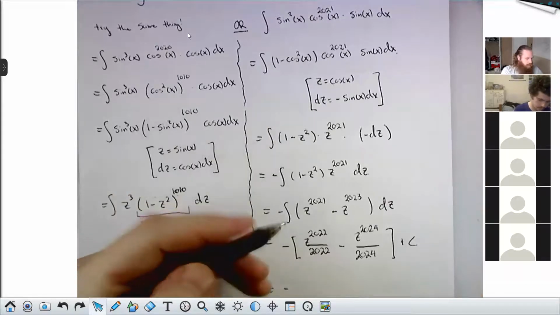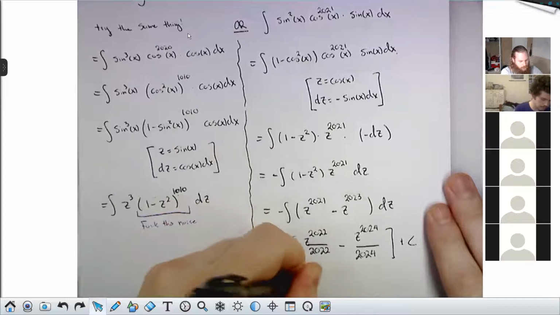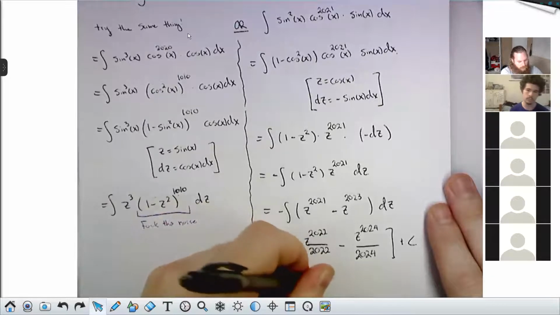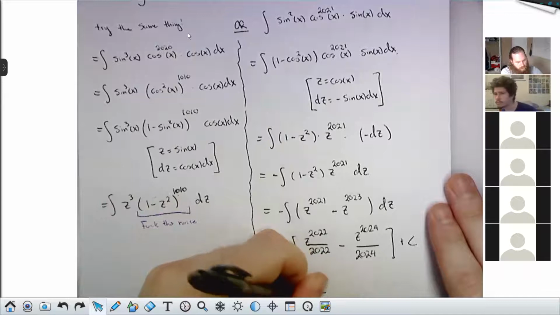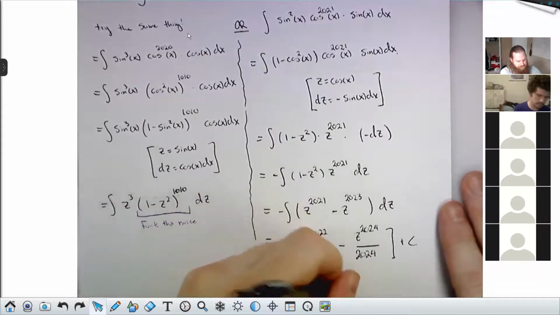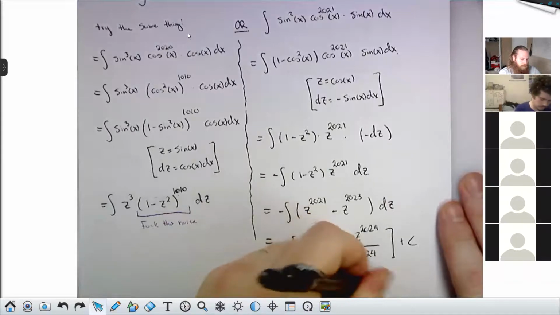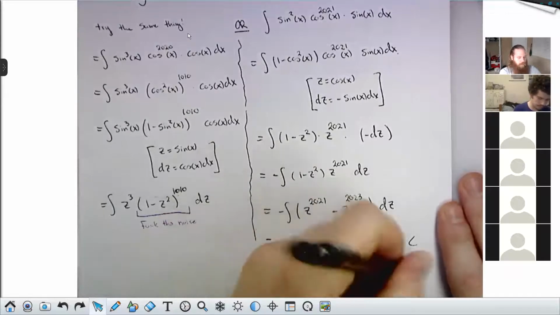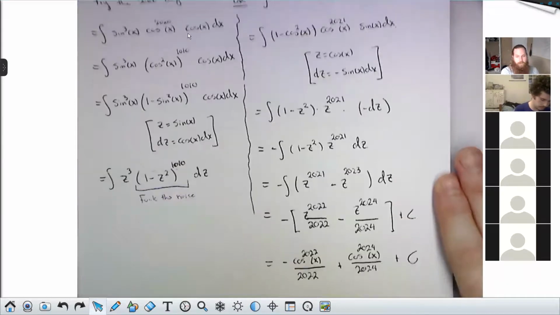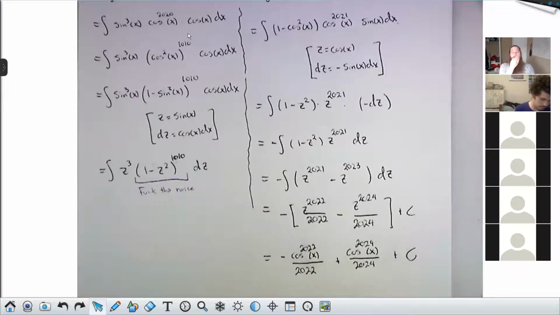So this will be negative cos 2022 x over 2022 plus cos 2024 x over 2024 plus a constant. So while we could manage it the other way, this is much nicer. And both answers would be correct. So I would prefer to do this.